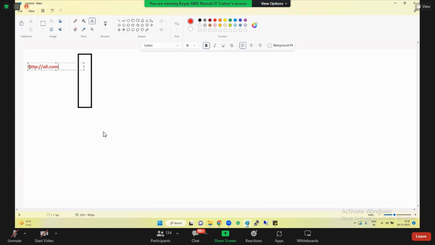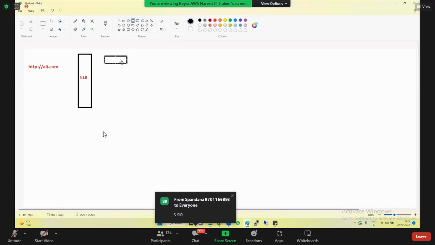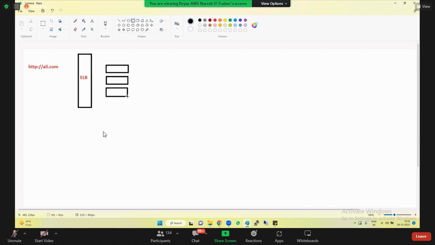If someone is hitting ali.com, obviously it will go to the load balancer, correct? And then here we have the Ali application, correct? So here, the ali.com related application will be there, to which the load balancer is sending the traffic.